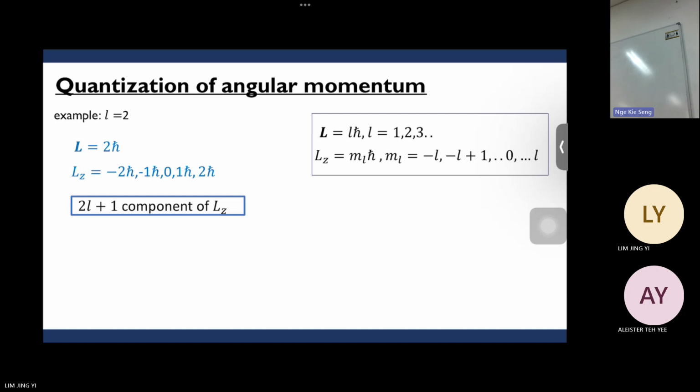For the spin angular momentum, we introduce another quantum number, the spin magnetic quantum number, and it can take only two values, positive h bar over 2 or negative h bar over 2. This aligns with the explanations for the Stern-Gerlach experiment results.